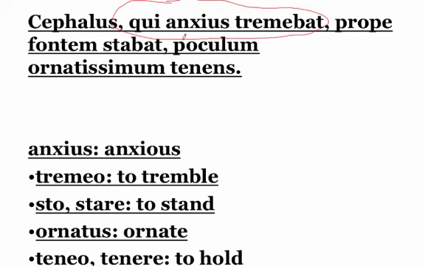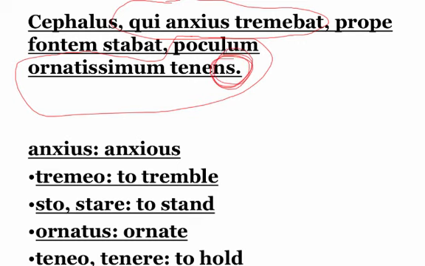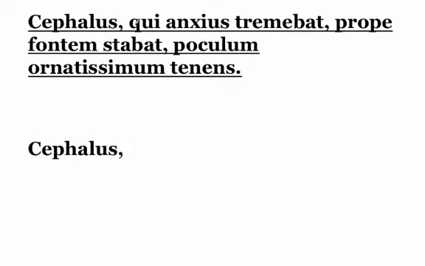That's a clause. And believe it or not, this last bit is a clause. Your main sentence always has to have a real verb in it, okay? Tenens is not a real verb. It's a participle. We'll get to that. Stabat is your main verb. The main thing that Cephalus is doing is stabat.